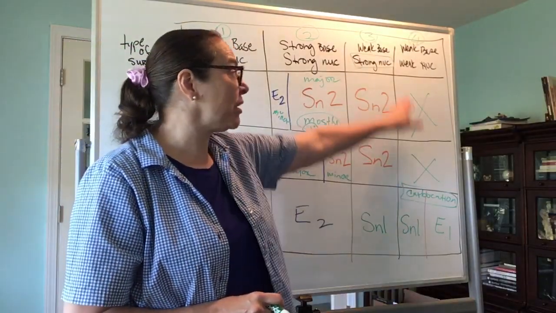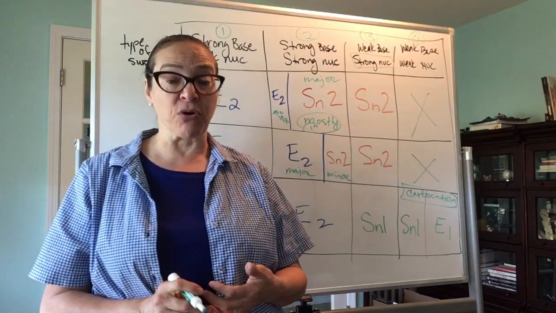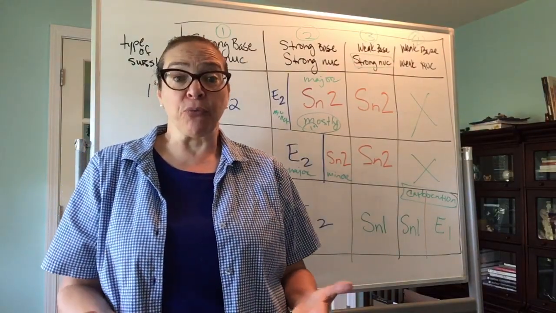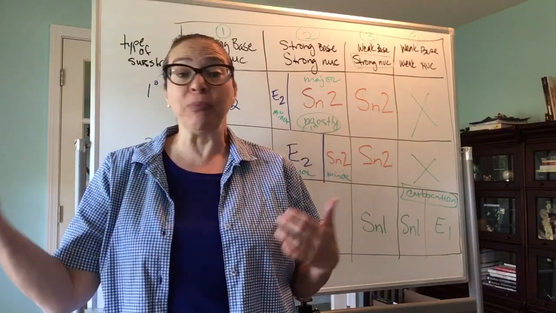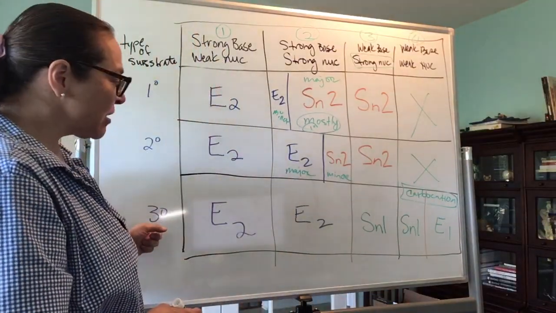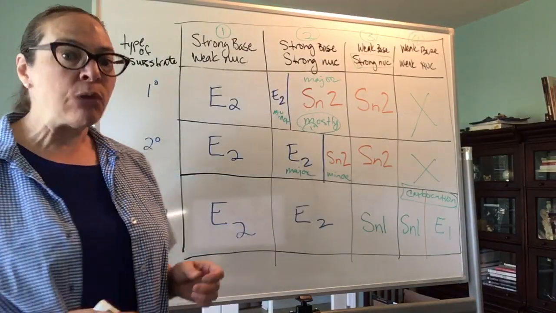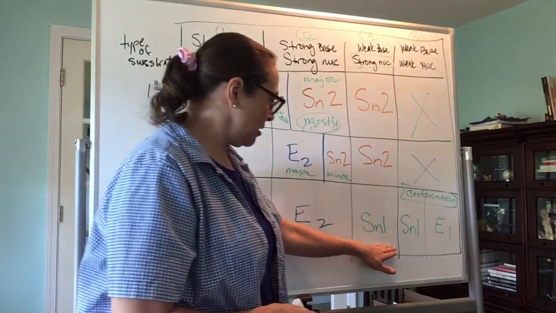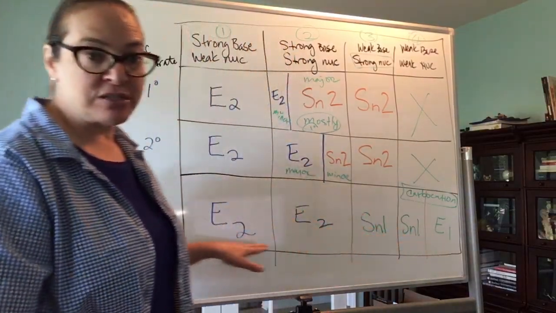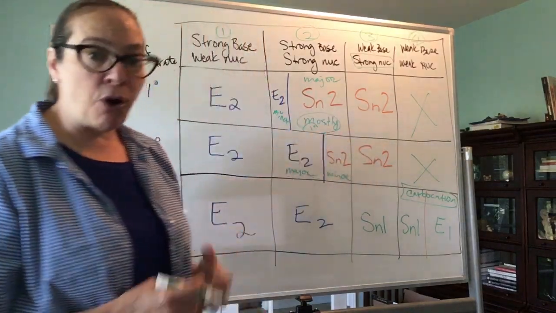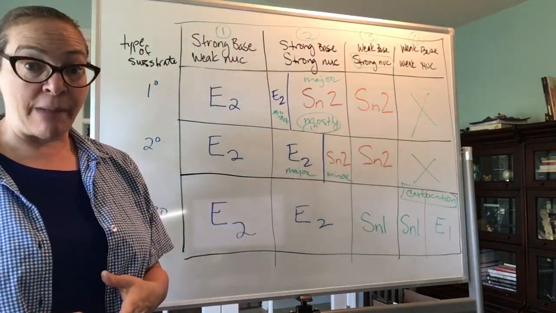And that's going to happen when you have a weak enough base or a weak enough nucleophile that can actually wait around for the reaction to have a leaving group leave to create the carbocation in the first place. In a tertiary substrate, you cannot and will not do an Sn2 reaction. Notice that none of these are Sn2 reactions, whereas the other ones do have Sn2s as part of what can happen with them.